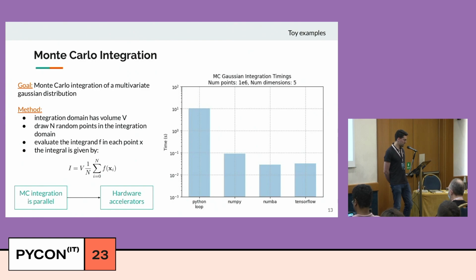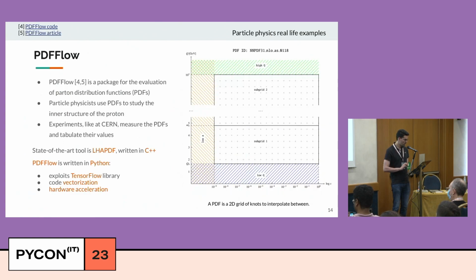The thing that is really relevant to the use case is that the Monte Carlo integration is parallel. So you can either draw one point at a time and evaluate the function, or draw an array of points and evaluate a vectorized function. And doing so, we see that the different implementations of this Monte Carlo integration have achieved mostly the same speed up factor that we have seen before, around 2 orders of magnitude for NumPy, Numba and TensorFlow implementations.